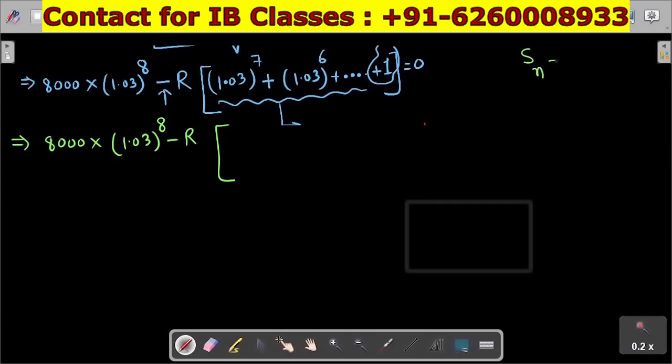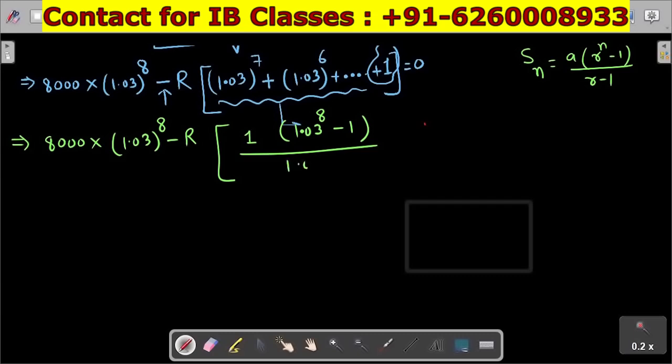So Sn is equal to a times r raised to power n minus 1 upon r minus 1. So first term is 1, so I will write 1 here. R is my 1.03, so it should be 1.03 raised to power 8 minus 1, because total number of terms are 8, upon 1.03 minus 1. This should be equal to 0.